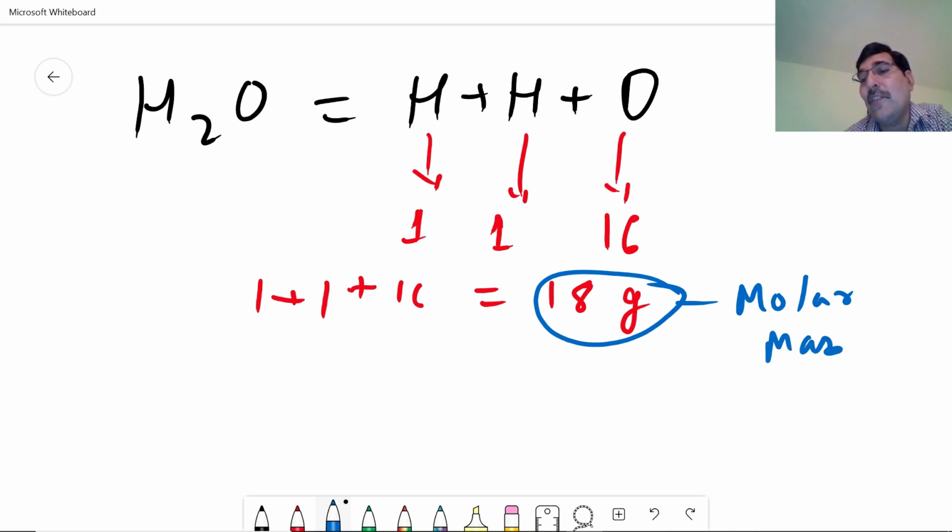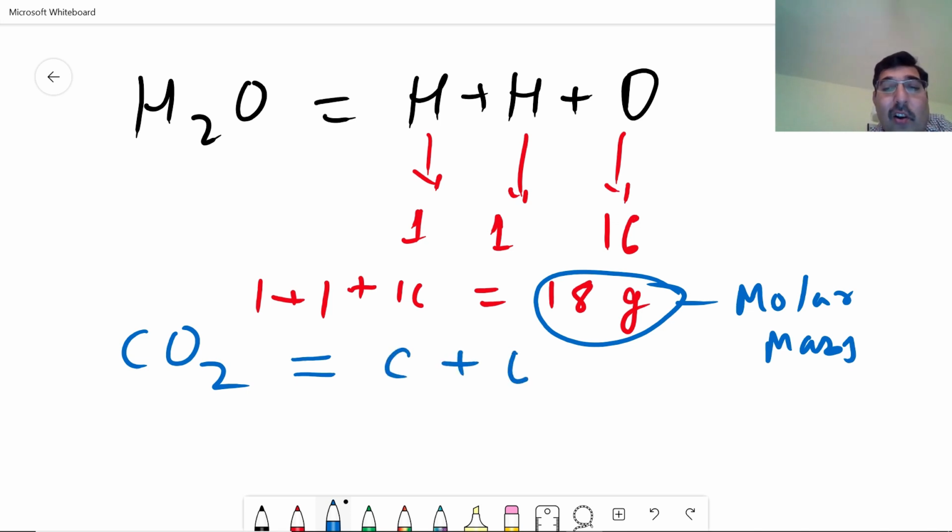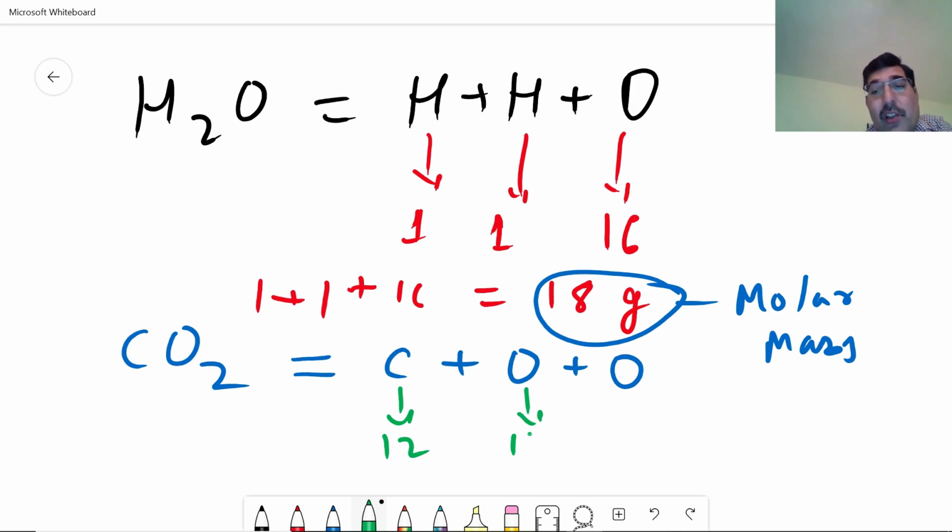For example, CO2, carbon dioxide. What is its molar mass? That means carbon's mass plus oxygen's mass plus oxygen's mass. Carbon is 12, oxygen is 16, another oxygen also 16.